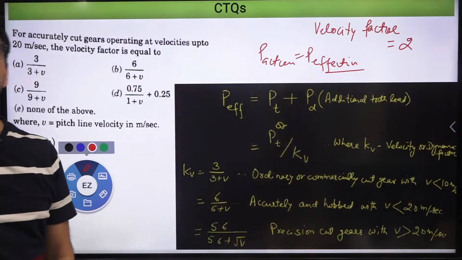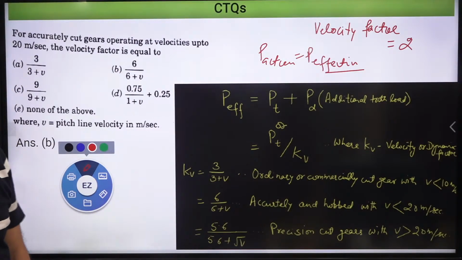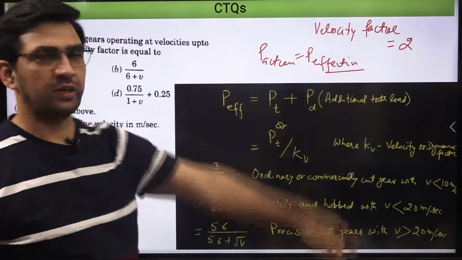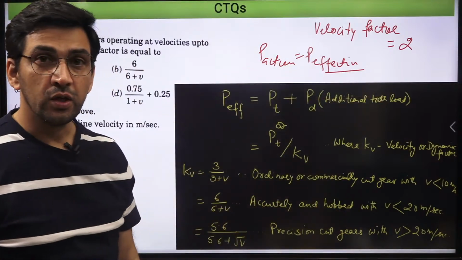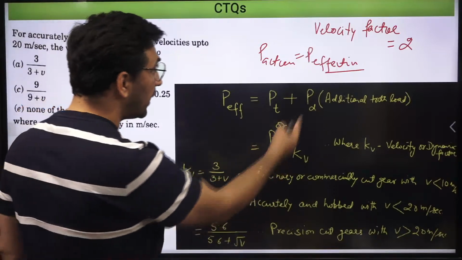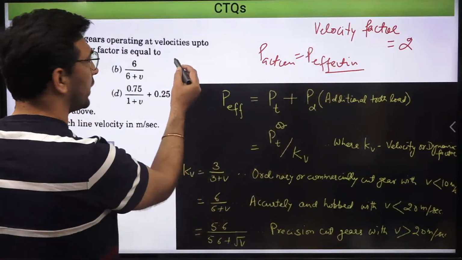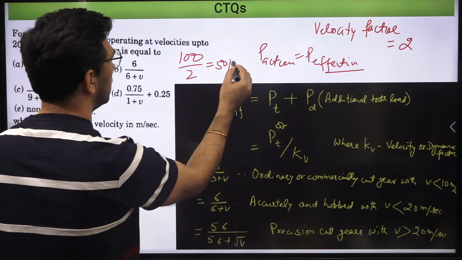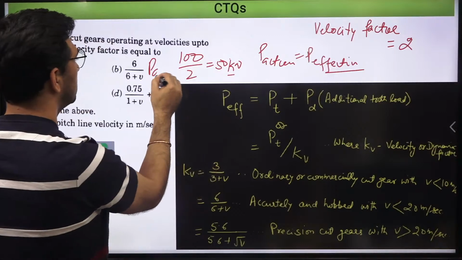Can you find that value? Let's say he has framed the question this way: the velocity factor given to you is 2. Now tell me what is the effective tooth load acting over here. So you don't have to simply cram this formula, otherwise the interpretation may be wrong. Now if it is 2, then what will you do? Okay, PT is, let us say, 100, divided by 2, 50 kilonewton, let us say, actual.